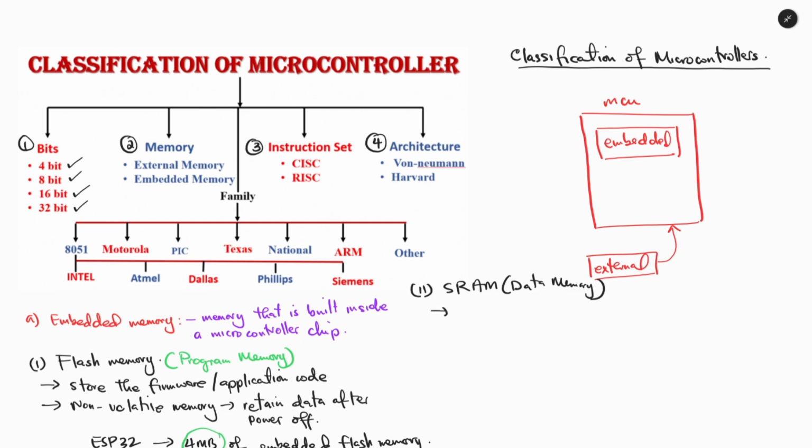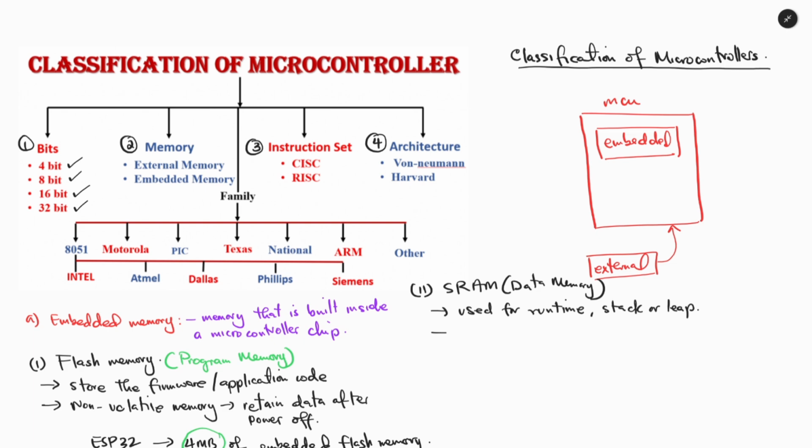Therefore, we can say that it is used only for runtime, stack or data, because when the microcontroller is in operation, data flows in and out of it, and this RAM is used to temporarily store the data.